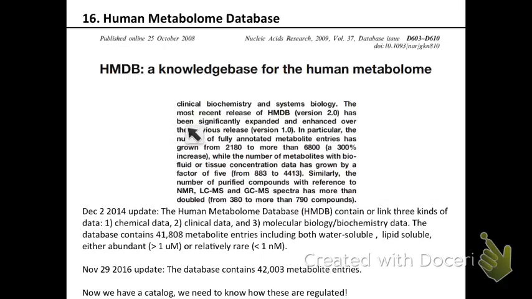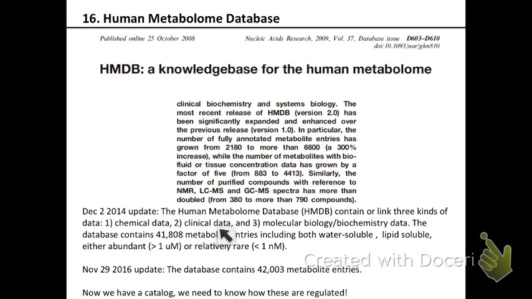What it basically does is contain and link different types of data related to metabolomes, right? So it could have chemical data, which gives you the structure of each metabolite.